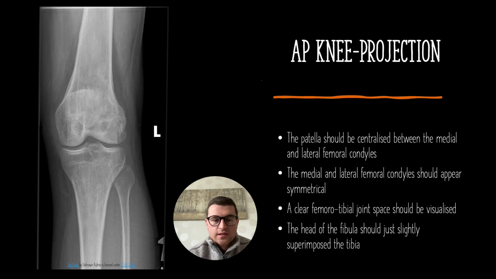So you can see here the patella, and this is medial, this is lateral, and we can identify what's lateral by looking at the fibula head. The fibula and the fibular head will sit in the lateral aspect of the knee. So the patella is therefore sitting away from the lateral aspect, so it is appearing medial. However, it should appear centralized, between the lateral and medial femoral condyles.